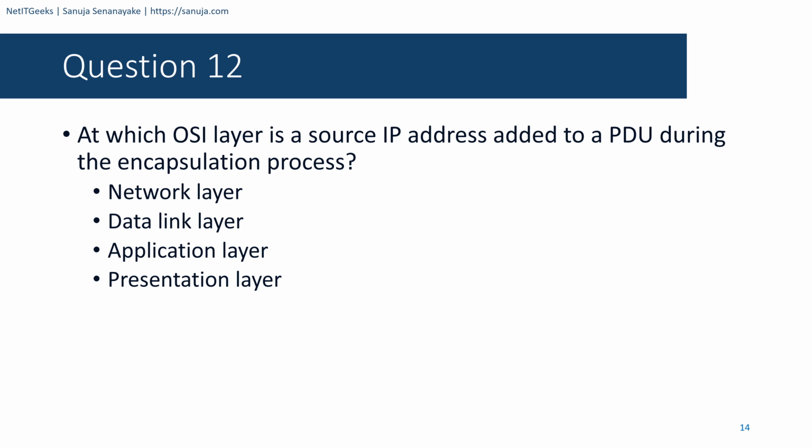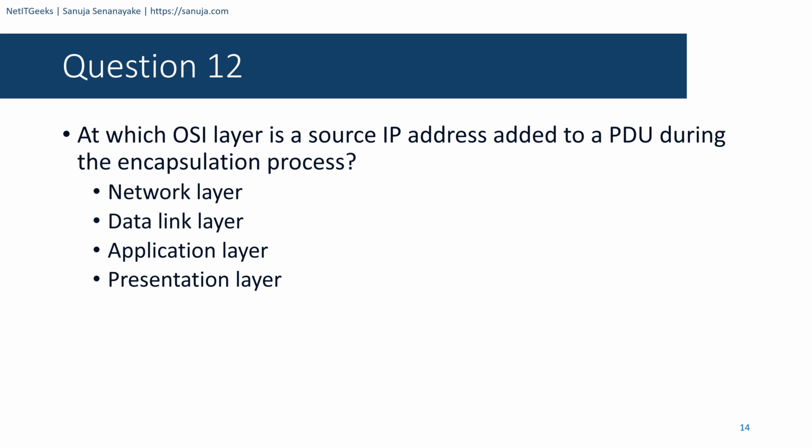So it is asking, at what place in that OSI layer model are we going to have the source IP address added to the PDU? The answers are network layer, data link layer, application layer, and presentation layer. Now, if you don't understand how the mechanism of the OSI layer works, this is one place I don't mind if you memorize the answer.